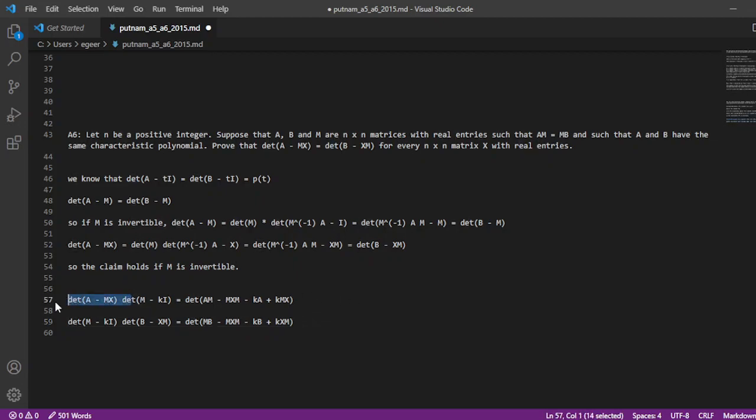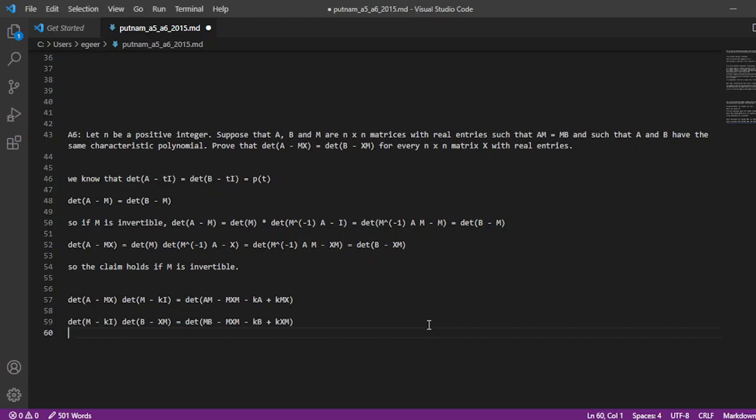These determinants must be equal for all x.